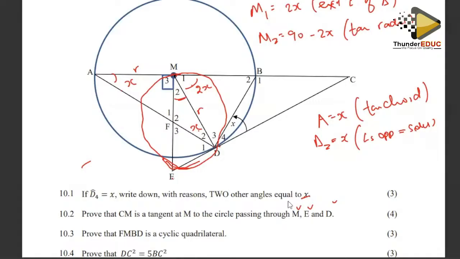Does that even make sense? No, that can't be a reason. That could probably be the last part. We can say adjacent supplementary angles, because this is a straight line, this is a 90, all of that will be a 90, that's a 2x.